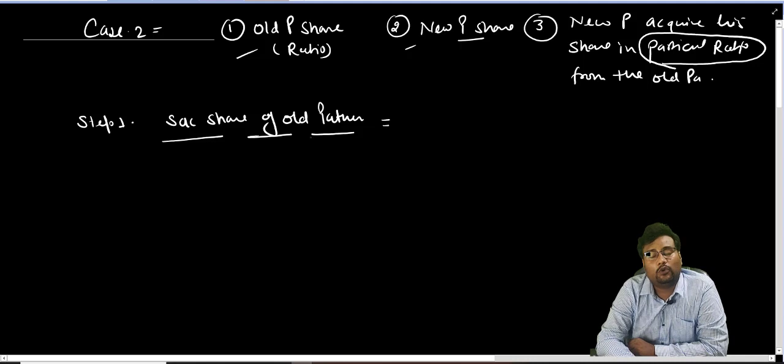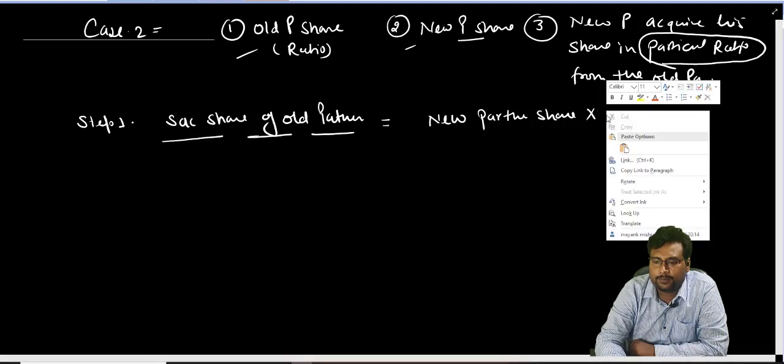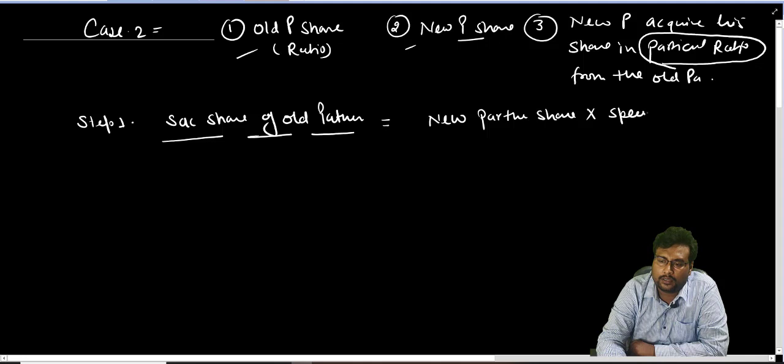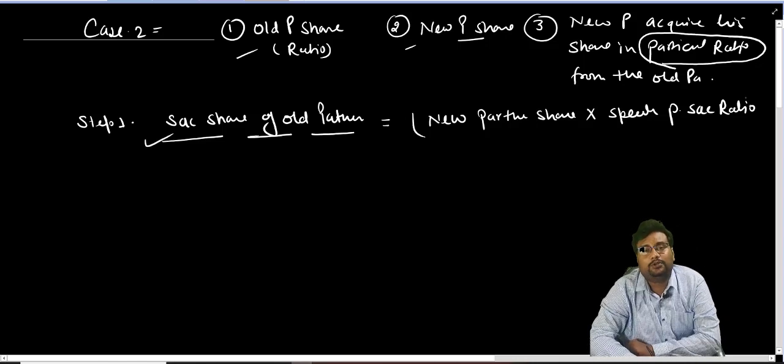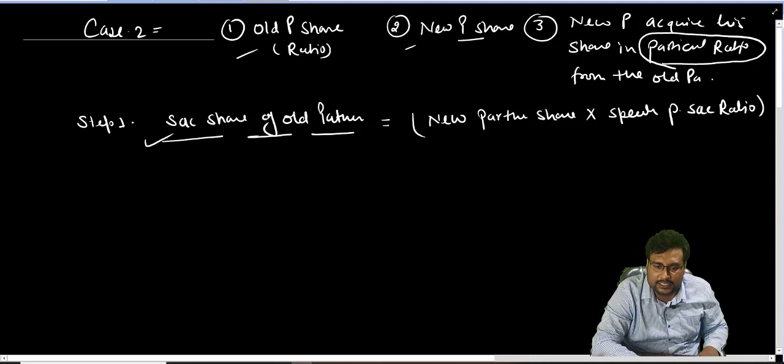How? Say this carefully. The formula for the sacrificing share of the old partner is new partner share into specific partner sacrificing ratio. By this formula, we can find out the sacrificing share of the old partner.